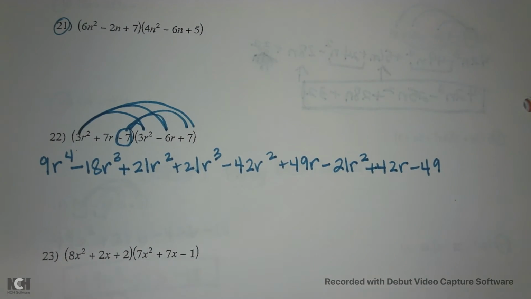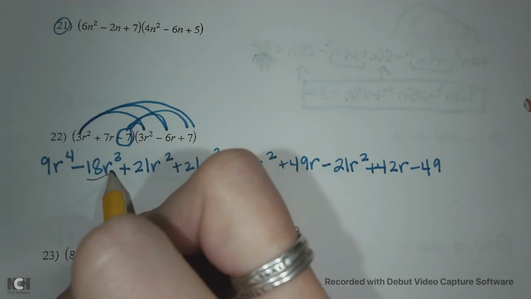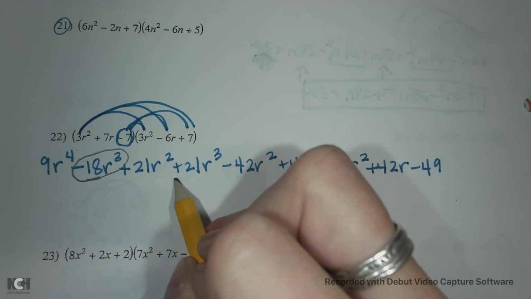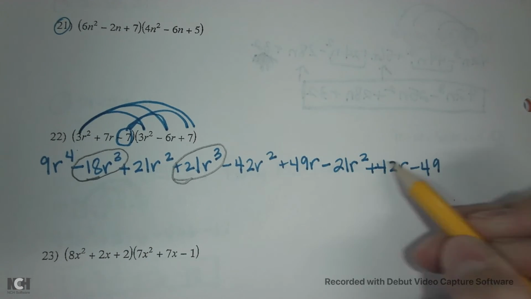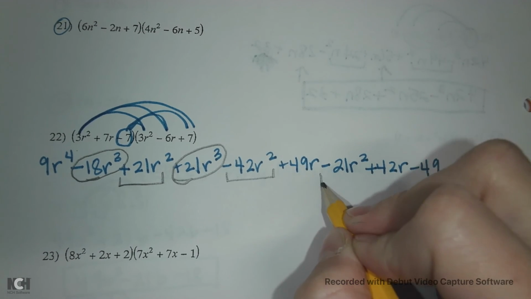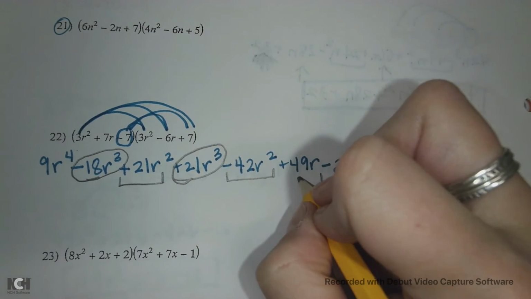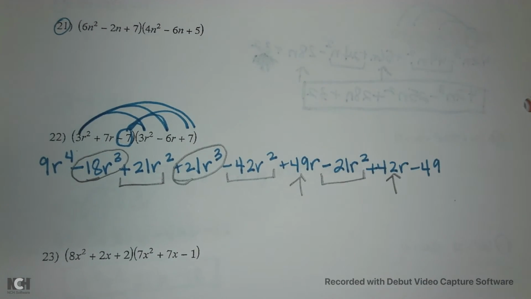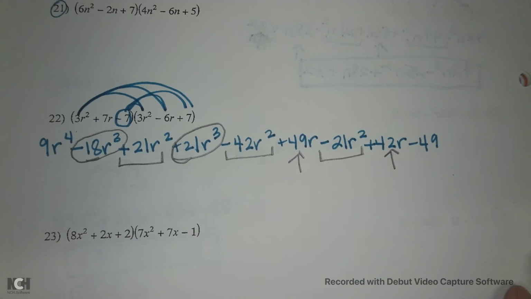Now we find all of our like terms. So I have this cubed, no more cubed. I have this squared, this squared, this squared, no more squared. I have that r and that r. Okay, so now we combine.